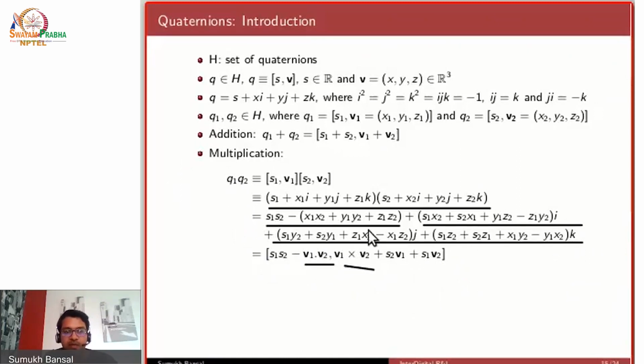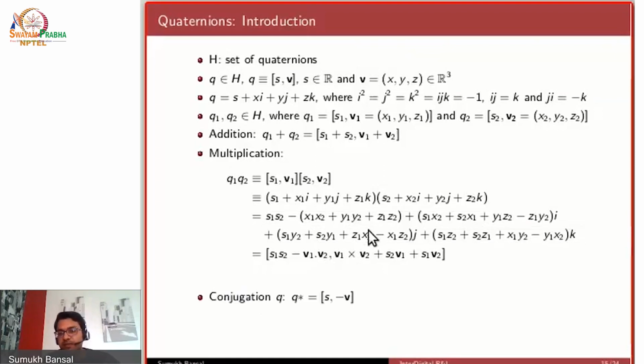Now another important operation is conjugation, and conjugation intuitively is similar to reversing whatever a quaternion is doing.